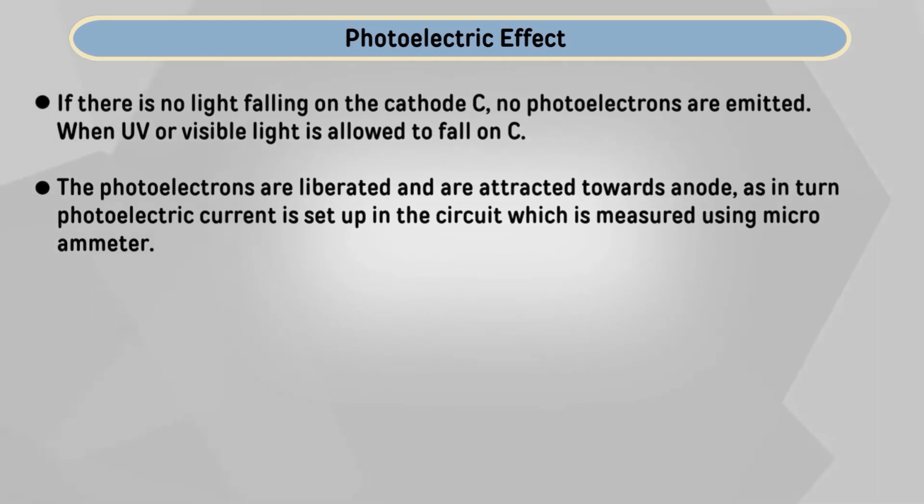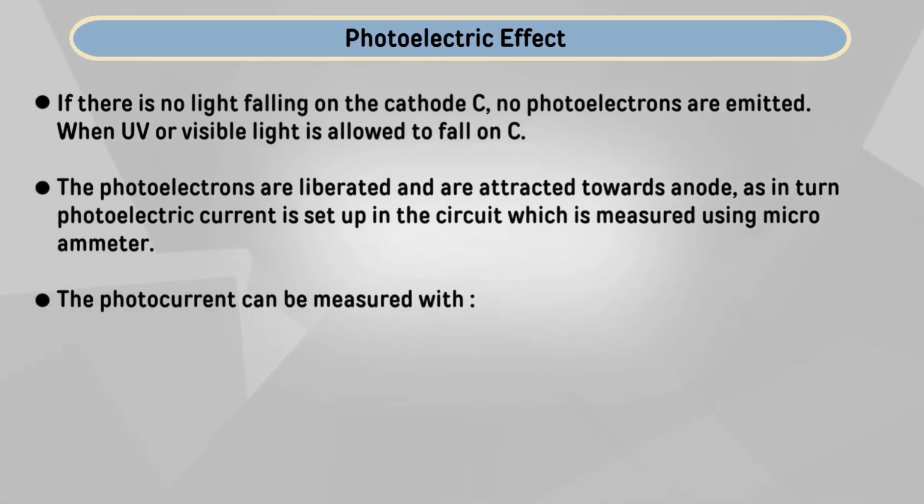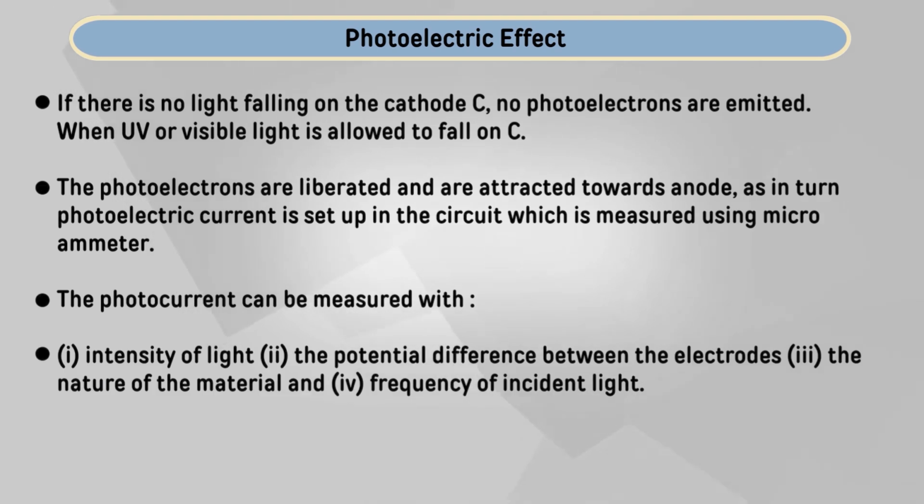In turn, a photoelectric current is set up in the circuit, which is measured using the micrometer shown in the figure. The photocurrent can be measured as a function of the intensity of light, the potential difference between the electrodes, the nature of the material, and the frequency of incident light.